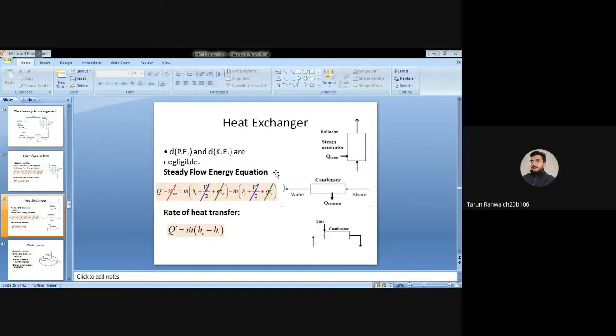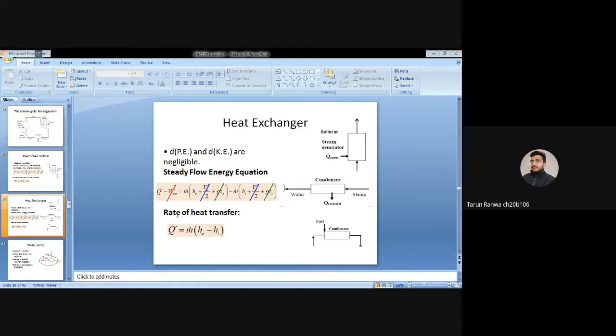Now the heat exchanger. In a heat exchanger, the change in potential energy and change in kinetic energy are also negligible. By the steady flow energy equation we can write this, and in the heat exchanger the external work done is also 0.